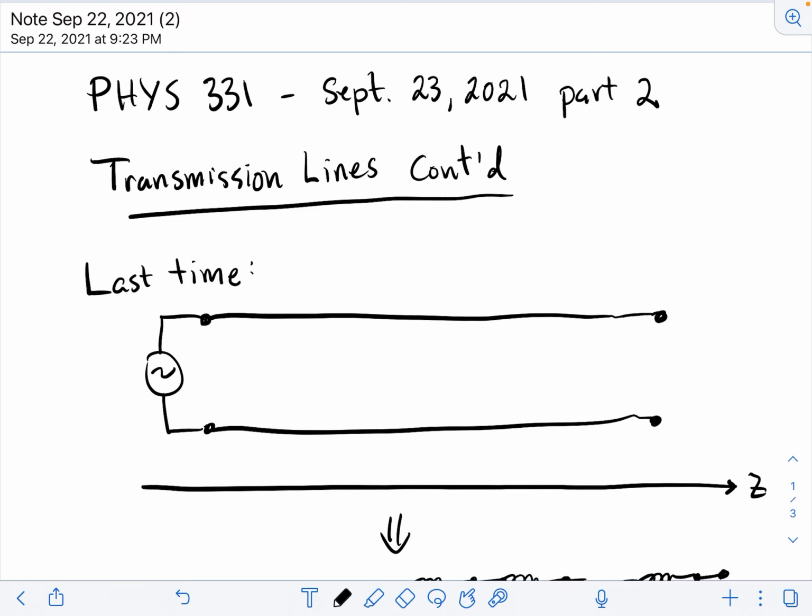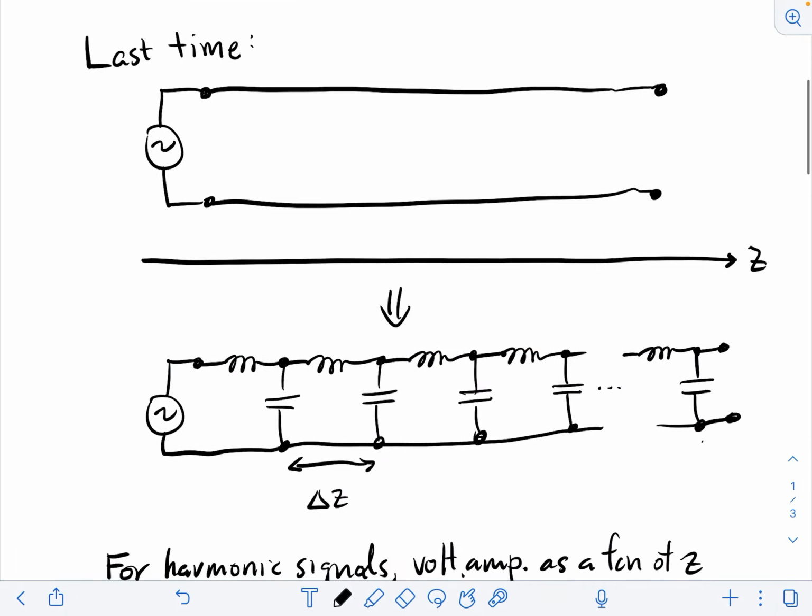So we were considering a set of long parallel conductors, and we had come up with a circuit model for this geometry. It was composed of a bunch of daisy-chained LC networks, a series inductor and a parallel capacitance, one after another.